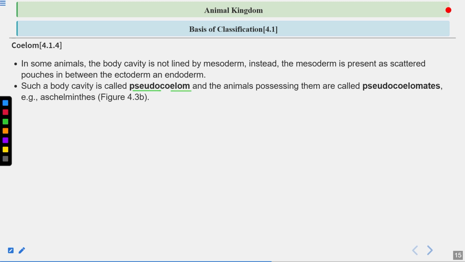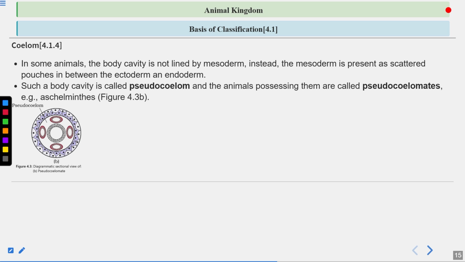This is a false coelom, a false body cavity, right? And the animals possessing it are called pseudocoelomates. For example, Aschelminthes. Aschelminthes are roundworms. Ascaris is the example.